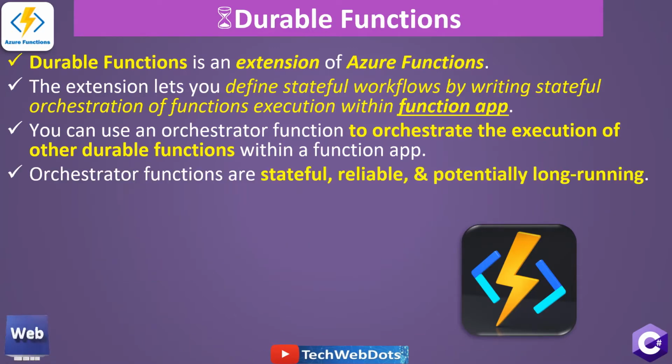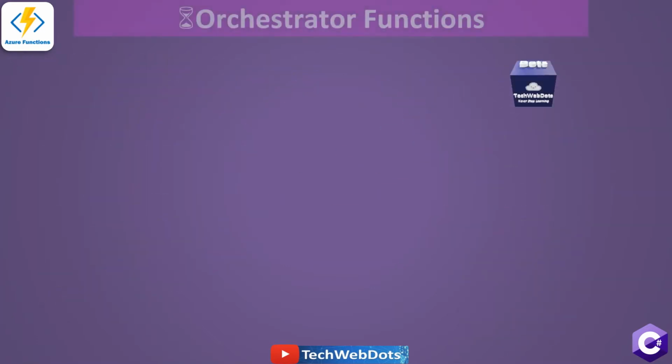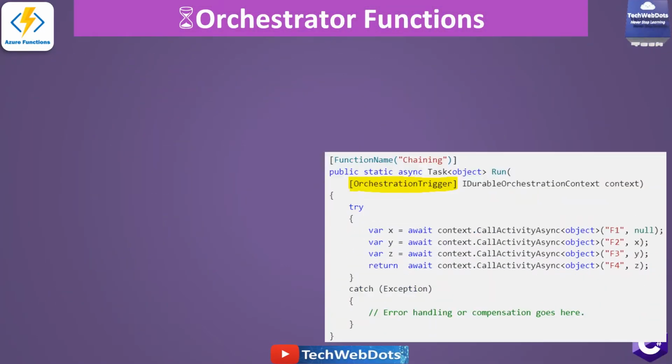Orchestrator functions are stateful, reliable, and potentially long-running functions. There are currently 4 durable function types that I have already discussed in detail in my previous sessions, and these are orchestrator, activity, entity, and client function. But there are certain constraints which are applicable on orchestrator functions. So let's understand them one by one.